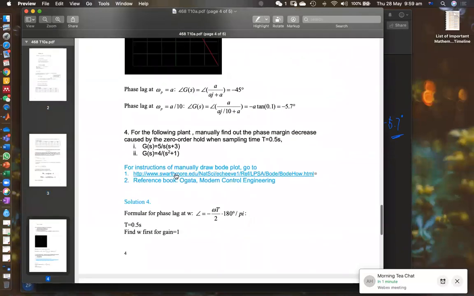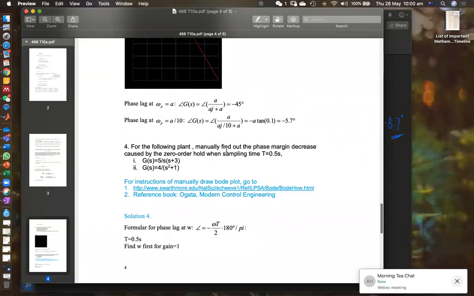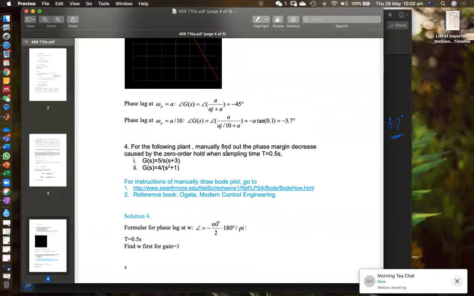Yeah, I think the solution is here, but just too simple. The link is in here. You can manually draw the plot, or you just go Google it. This is just mathematics, very mature mathematics.